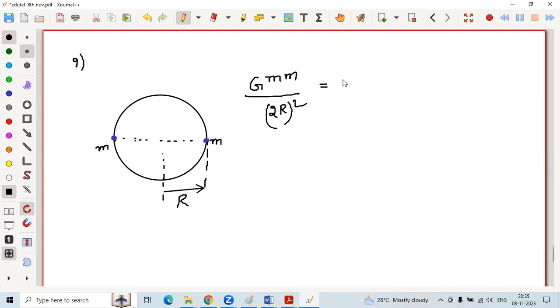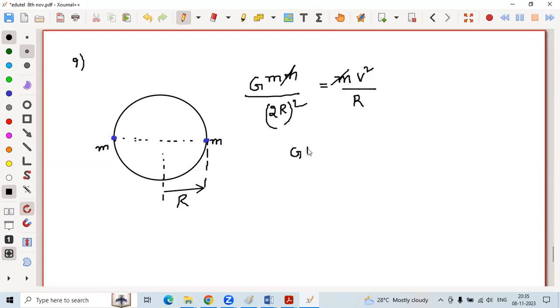To achieve circular motion, one force is required. What is that force? Centripetal. Very good. What is the centripetal force formula? mv square by R. Very good. mv square by the radius of the circle. Now I can happily solve this. Cancel.